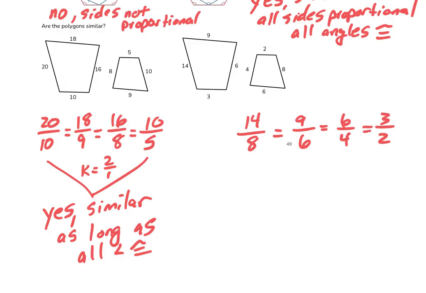Do all 4 of these reduce to be the same thing? These 3 all reduce to be 3 over 2. But if I reduce 14 over 8, I would take 2 out of each one of those, and that reduces to be 7 over 4. Or 7 over 4 and 3 over 2, the same ratio?